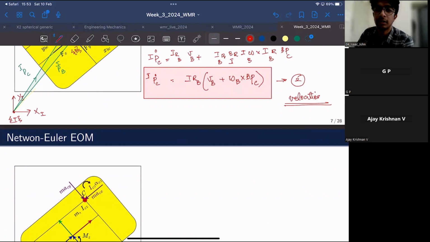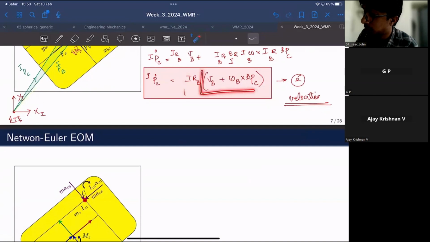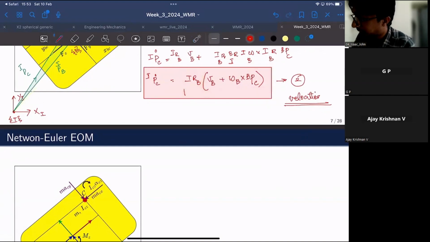It's again not that difficult because you only need to apply the product rule here. You can consider this to be the first term and this to be the second term.